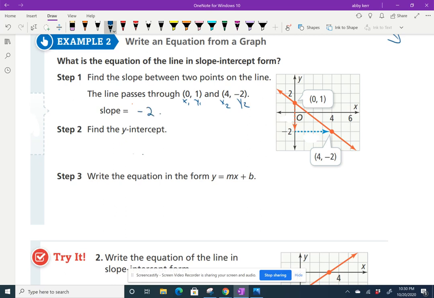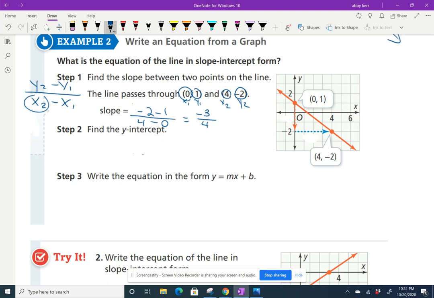So it's going to be -2 minus 1, and I'm getting that from y2 minus y1 over x2 minus x1, over our x2, which is 4, minus 0. So -2 minus 1 is -3. 4 minus 0 is 4.